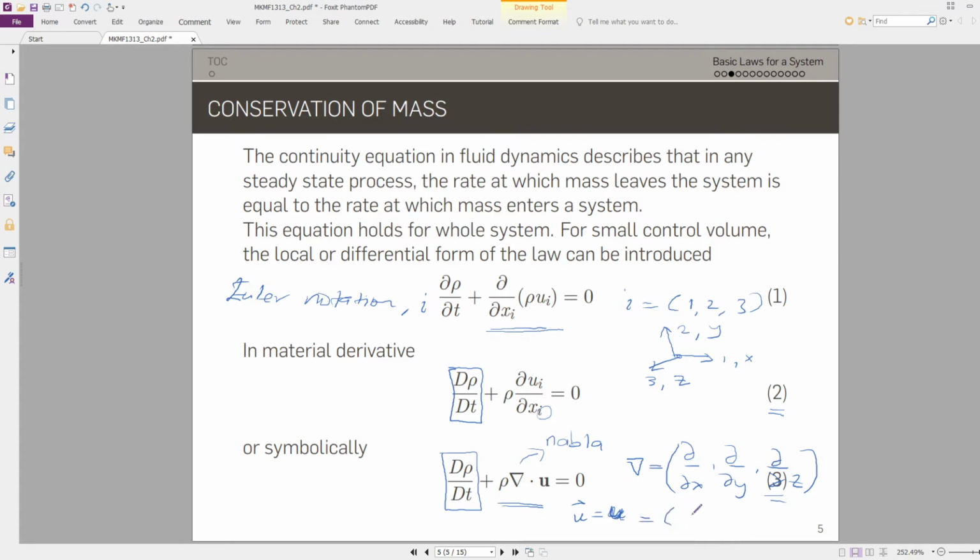So we can write this in terms of U with the direction i.